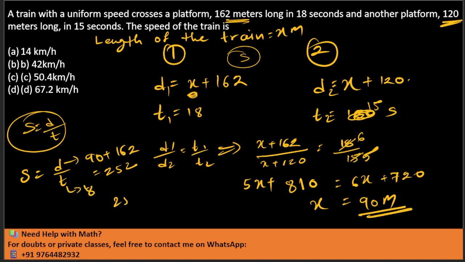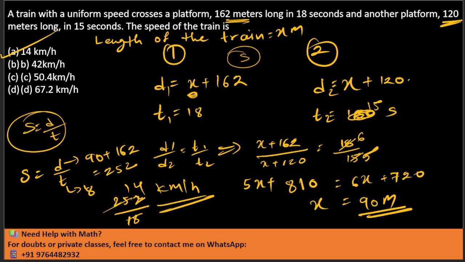So 252 divided by 18, so how many times? 1 times, we have 7 remaining, so 72, and it is 14. All right, so 14 kilometer per hour, and options are also in kilometer per hour, so option A.